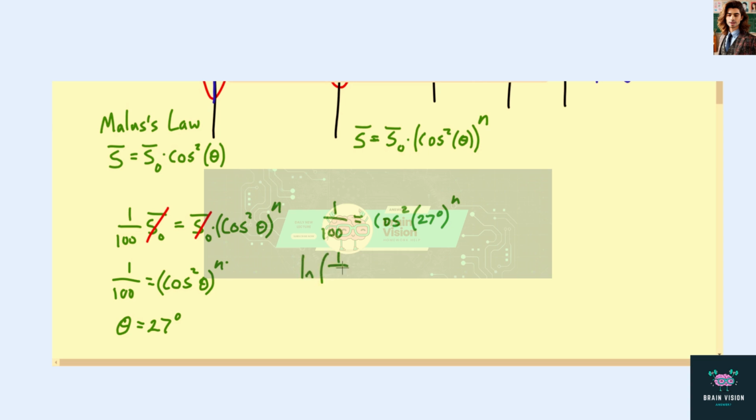Natural log of 1 over 100 is equal to natural log of cosine squared 27 to the n. And the reason for doing that is that the natural log on the right side allows us to move the exponent down as a factor. So natural log 1 over 100 is equal to n times natural log of cosine squared of 27.